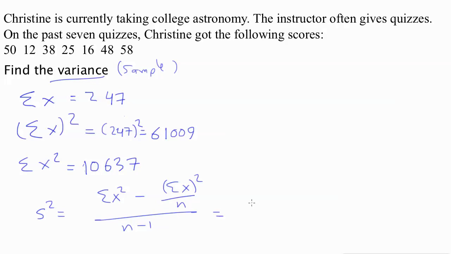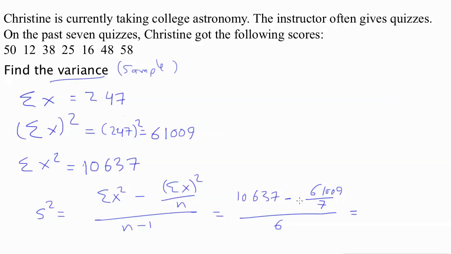So sigma x squared will be 10637 minus sigma x all squared, which is 61009, divided by n, which is the data size, 7, and then I divide all of this by n minus 1, which is 6. 7 minus 1 is 6.